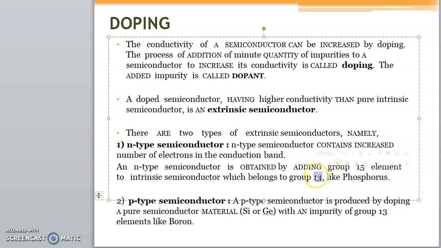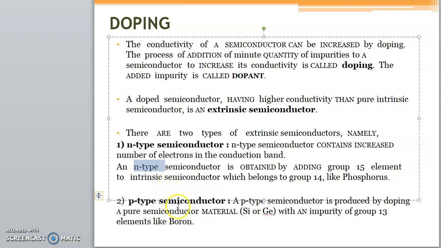Remember, group 14 elements are mostly metalloids. Now silicon is a metalloid which is a group 14 element. So if I want an N type semiconductor to be formed, I need to add an element with more electrons. Those extra electrons, I'll get from where? From an element with a higher group. So from group 14 I go to an element from group 15. That is how N type semiconductor is obtained.